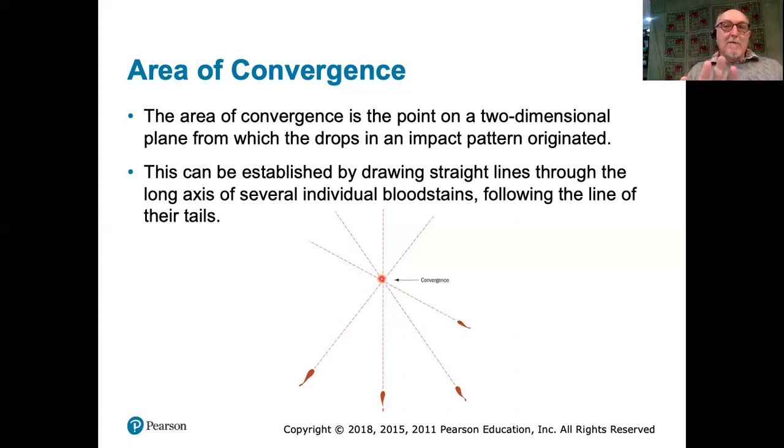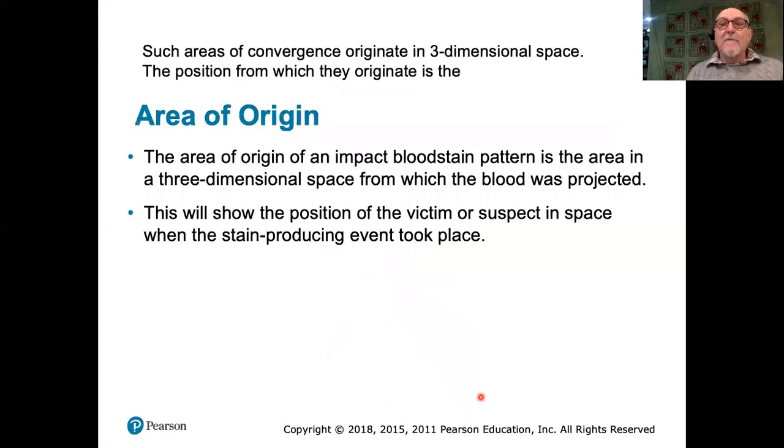Our source of blood is going to be somewhere in three-dimensional space, in other words, in front of this flat surface. But the shape and angle of these blood droplets can tell us the direction they were flying, and the angle at which they were flying towards that flat surface. And that will enable us to determine an approximate place, by no means certain, in three-dimensional space where the blood droplets originated from.